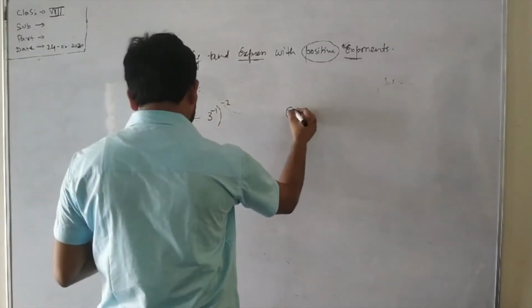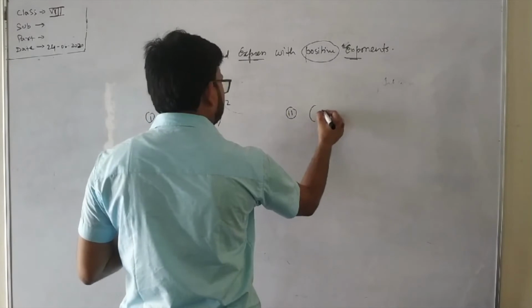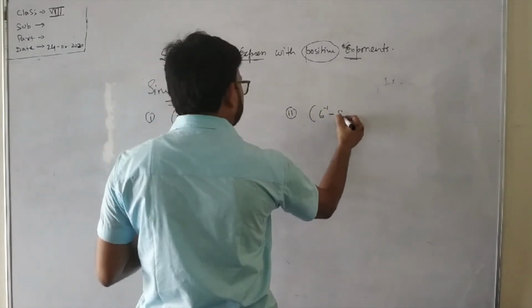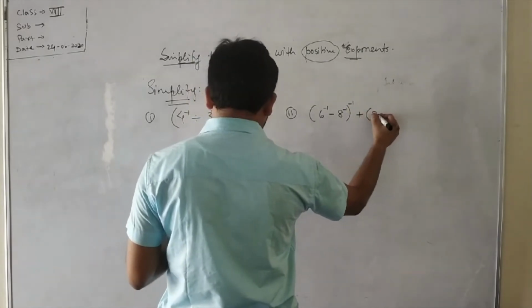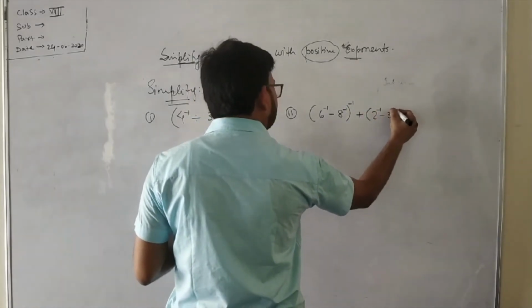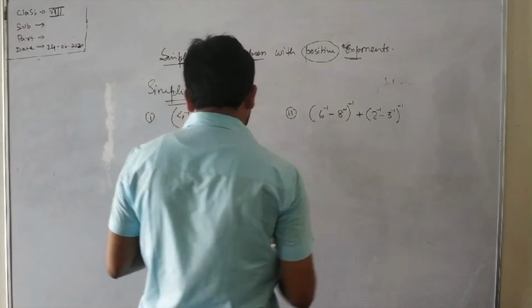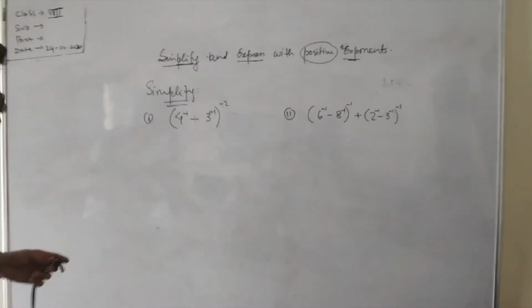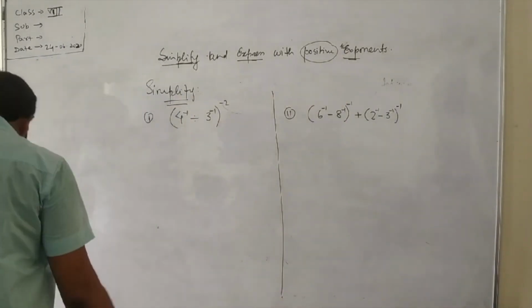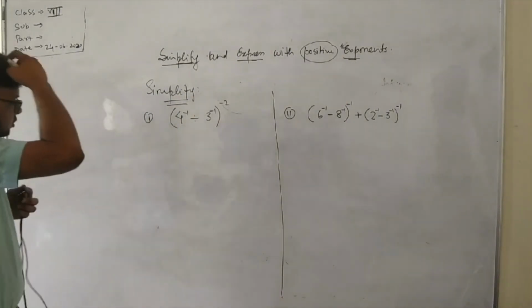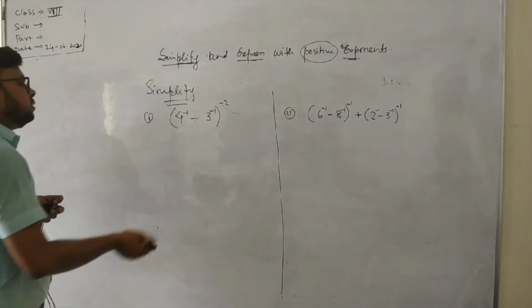And take another example: 6 to the power minus 1 minus 8 to the power minus 1, whole power minus 1, plus 2 to the power minus 1 minus 3 to the power minus 1. Now you have to solve these two questions. Can you solve this? Pause the video, you can solve, and then you can check the answer later on.